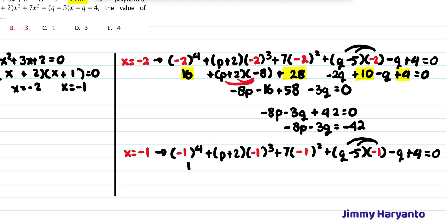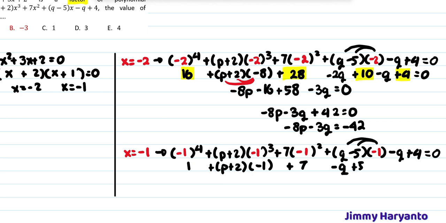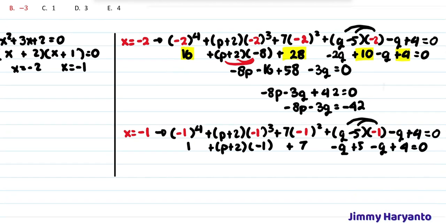Let's do this. 1, and this one is plus p plus 2 times negative 1, and then this one will be 7. This one is negative q plus 5, negative q plus 4 equals 0.